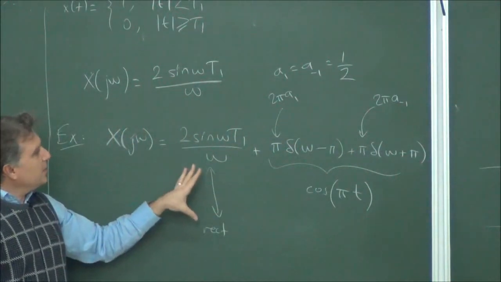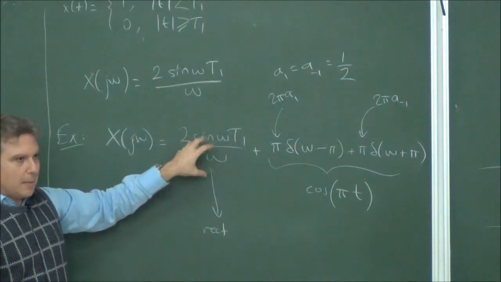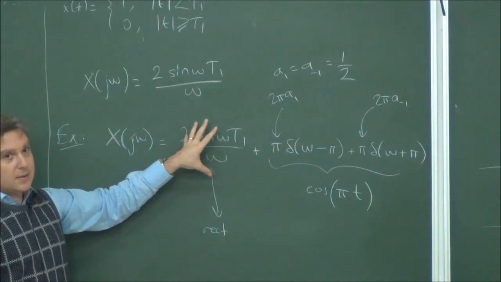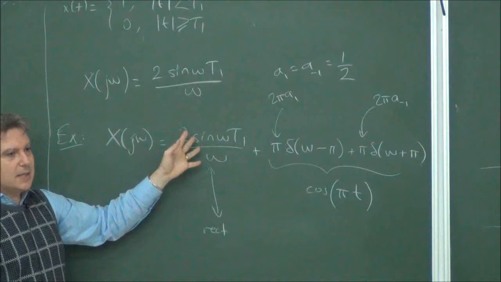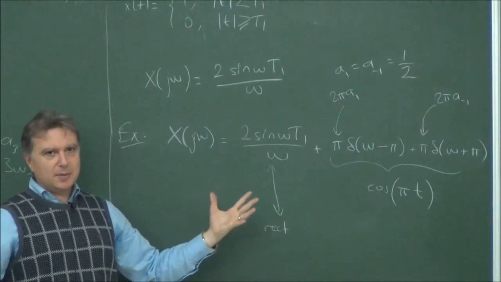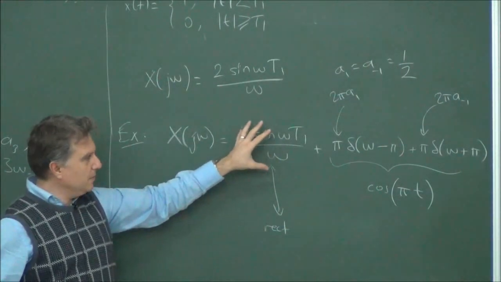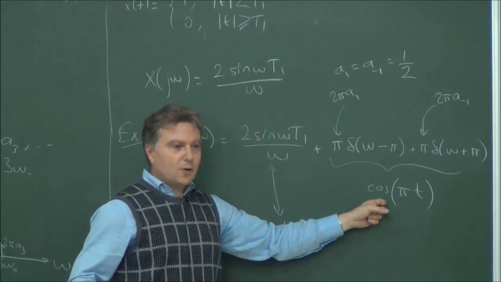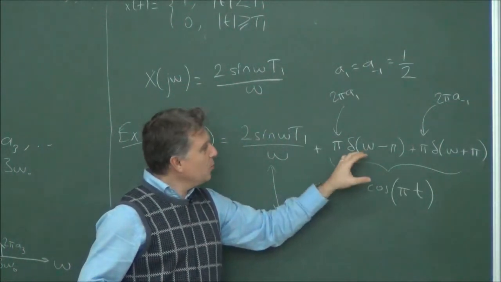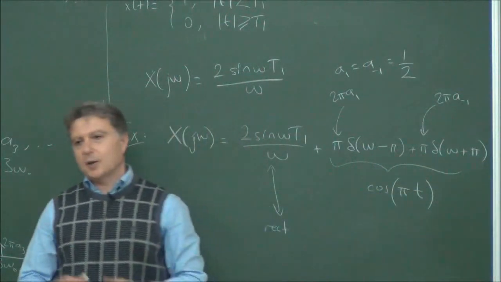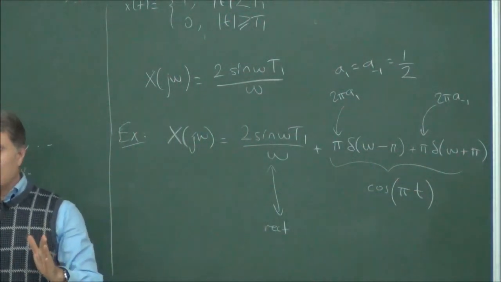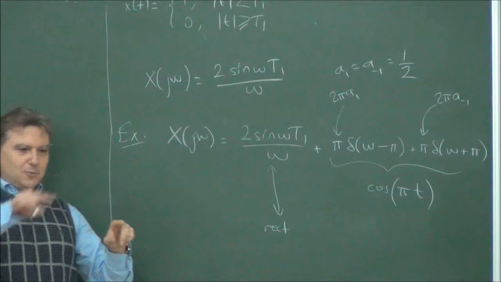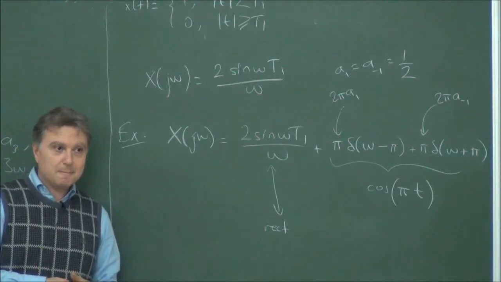From the non-periodic part, you have some shapes. Okay, this is a sinc shape, but it could be any other shape. They are just normal shapes. But from the periodic component like this, you come up with impulses like cosine. If it's a triangular periodic waveform, it will be something else.